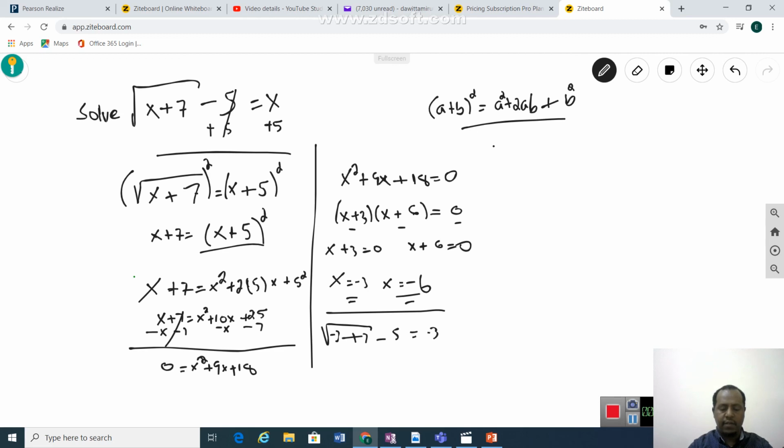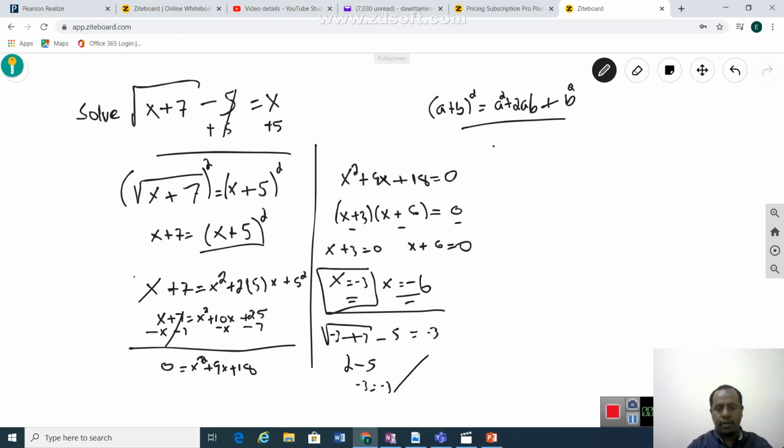So negative 3 plus 7 will be 4. The square root of 4 will be 2. 2 minus 5 is negative 3. So negative 3 is equal to negative 3. So this is correct. So negative 3 is our solution.